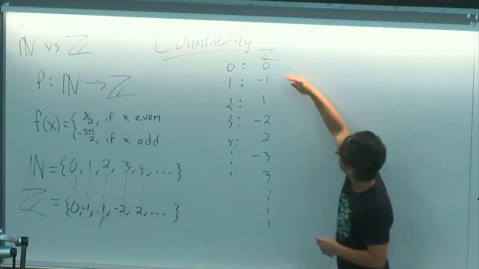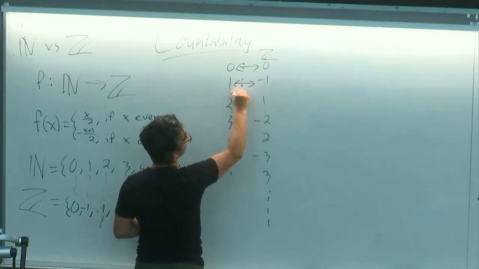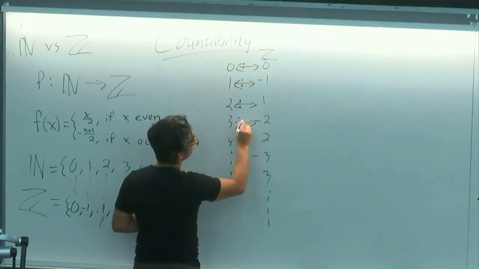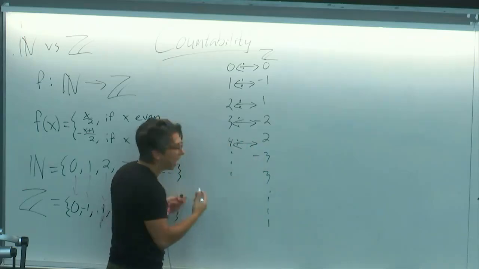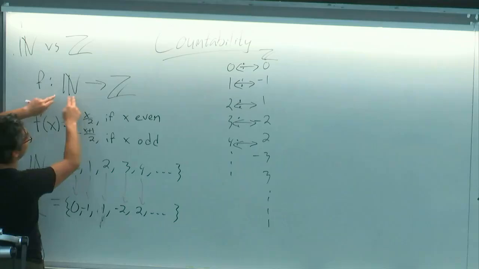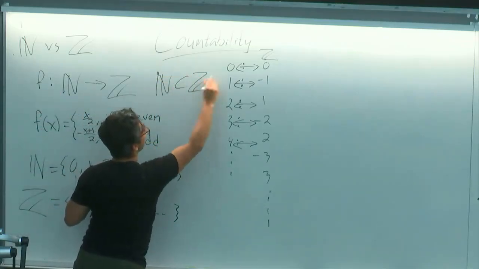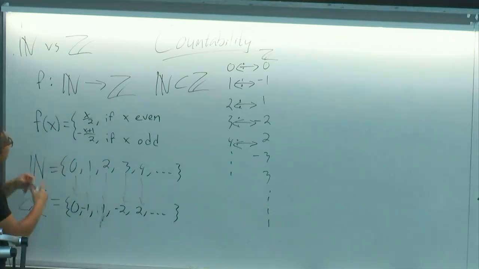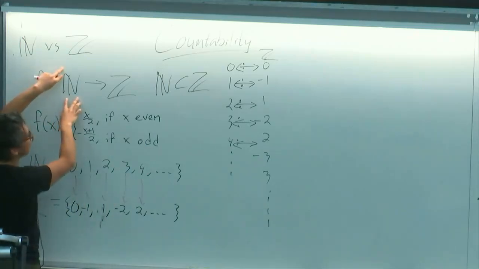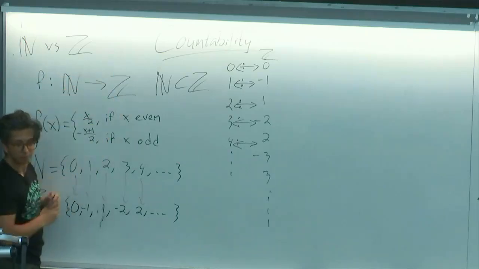We can line them up in one-to-one correspondence, like goats and rocks, to the natural numbers. That's what a bijection gives us. So even though it seems like Z is bigger, indeed, the natural numbers are a proper subset of the integers. N is still infinite enough that it can capture all of Z.